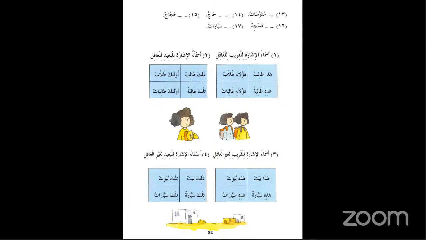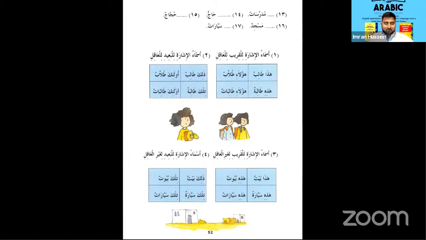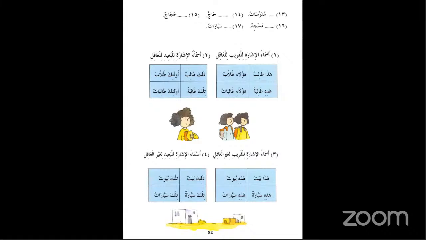So Asma'ul Isharati lil Qaribi lil Aqil, which is Haza Talibun. This is a student. Haulai Tulabun. These are students. Hadihi Talibatun.